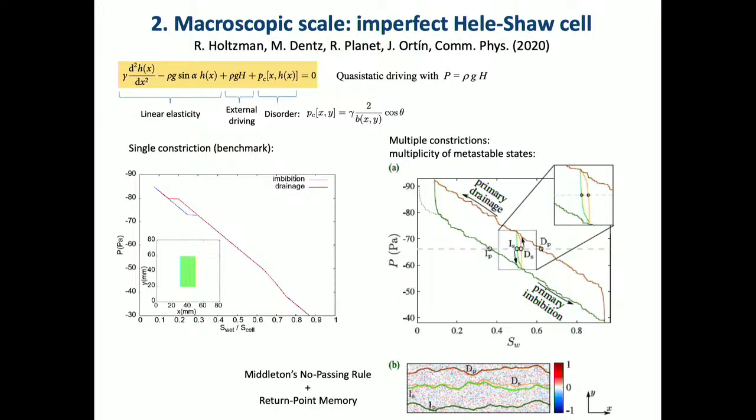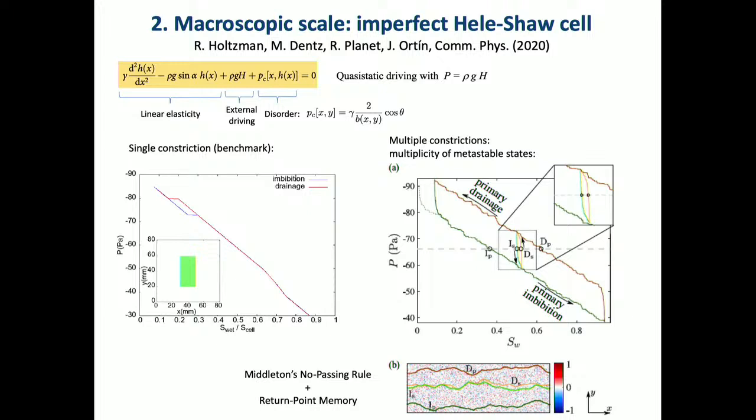So particularly in this partial cycle that we did here, you can see a typical property of disordered systems and a typical property of hysteretic systems. This is the multiplicity of possible metastable states. Because of the disorder, you have many, many possible states in which the system can feel happy in equilibrium.